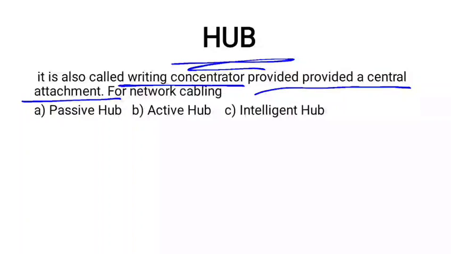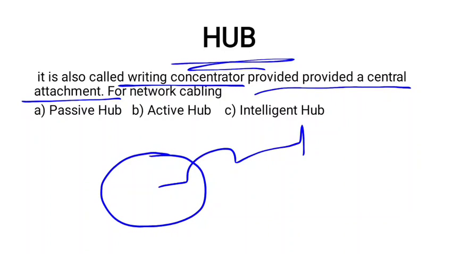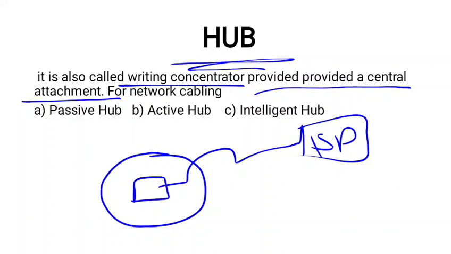Now whenever we are using multiple connectivity sources, for example there are multiple computer systems, we have to put them on that particular circle. Okay, this is a circle, and we have to take connectivity from the ISP. This is an ISP, which gives us connectivity. Only a single line is provided in our company, so we have to use this hub to connect the multiple computer systems around us.